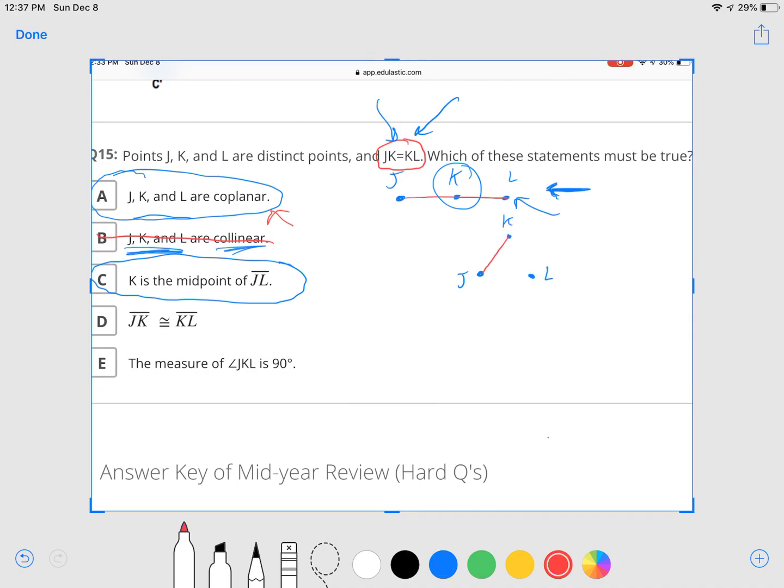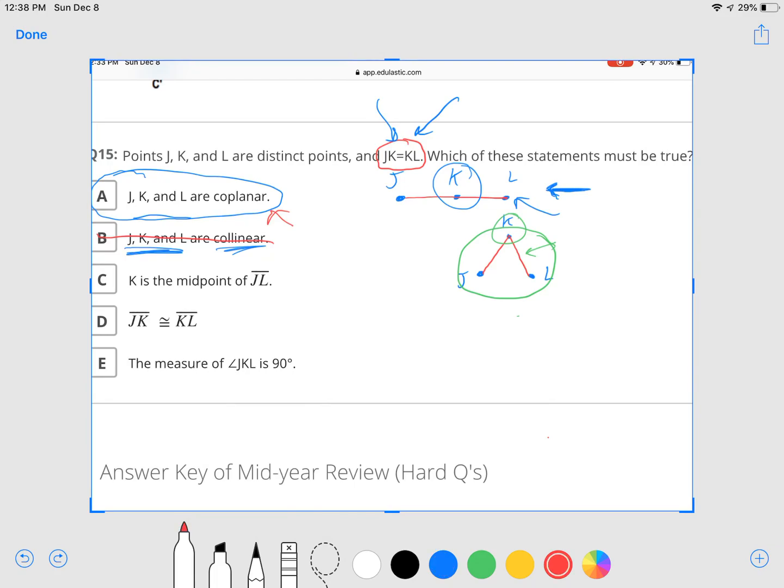We still have that JK is the same length as KL, but now we can't even talk about K being the midpoint because this is not even a straight line segment. Midpoints only make sense for line segments, and this whole contraption here is not a line segment. Line segments have to be straight. So option C says K is the midpoint, not necessarily, not if I drew it like this.